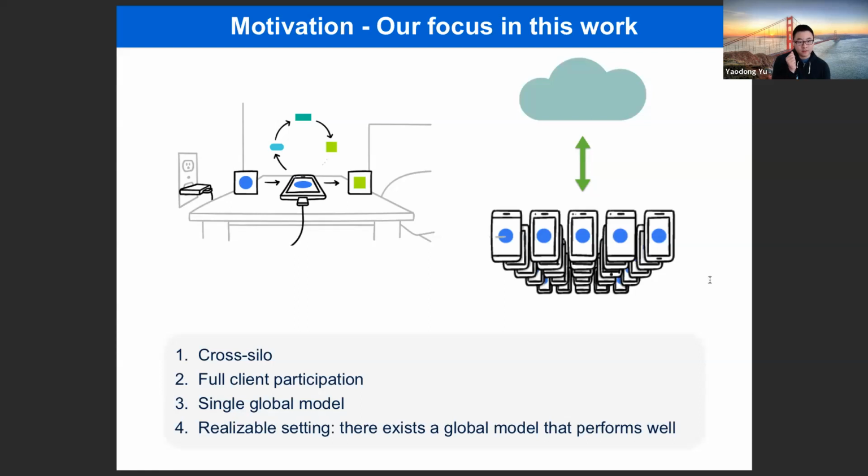To start with, the first requirement is that we focus on the cross-silo scenario instead of cross-device. Basically, we do not have many devices or clients in this optimization problem. You can think the number of devices is smaller than, let's say, 100.